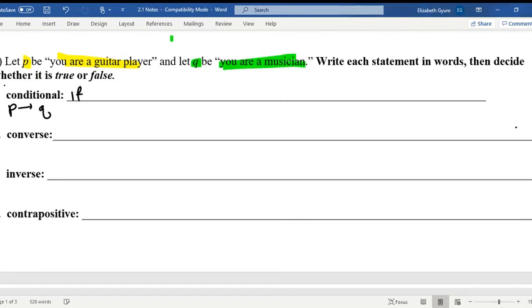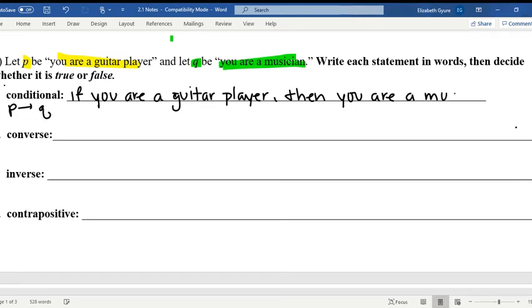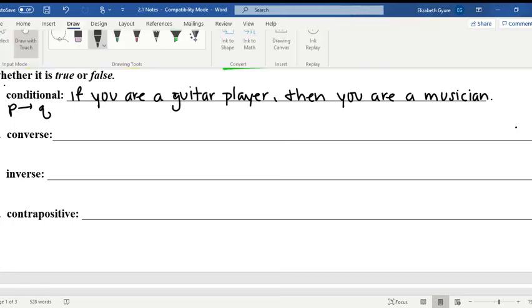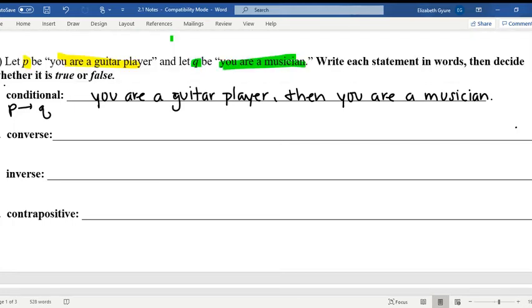So if you are a guitar player, then you are a musician. And we're going to decide if that is true or false.